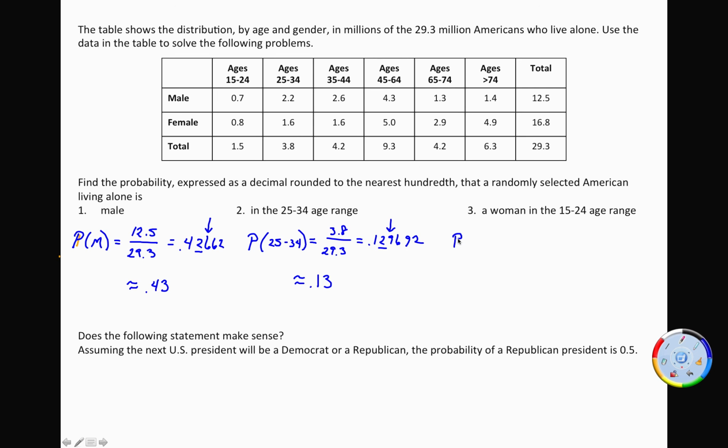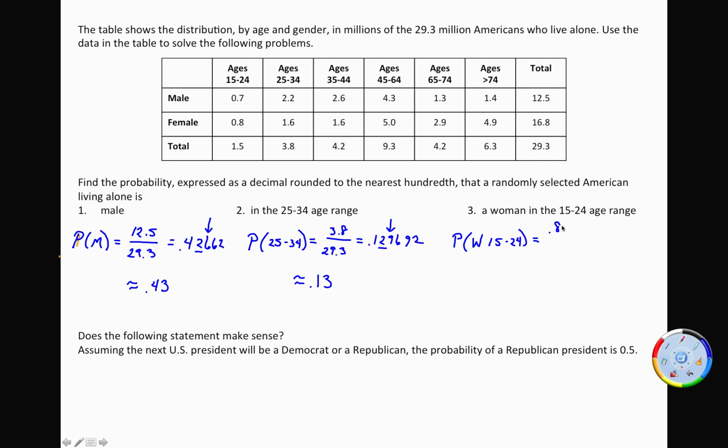Okay, what's the probability that the randomly selected American is a woman age 15 to 24? All right, well, here's my 15 to 24, and here are the females that are age 15 to 24. Instead of just plain age 15 to 24, I need the women that are age 15 to 24.